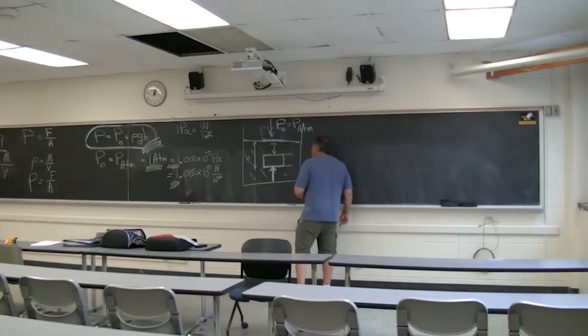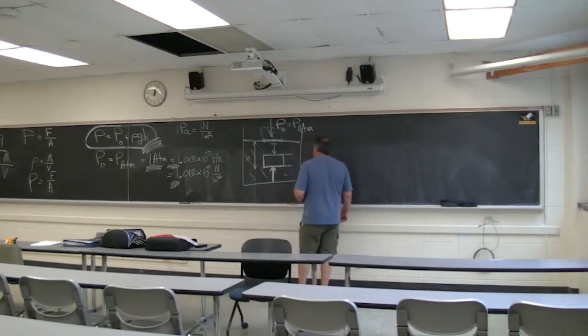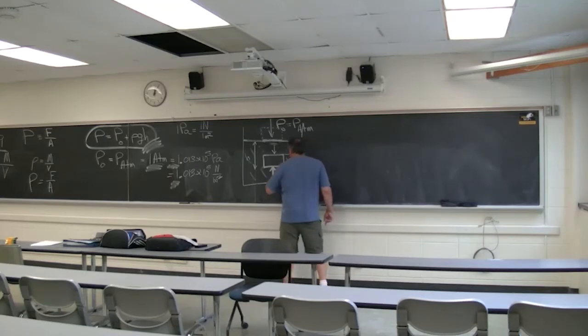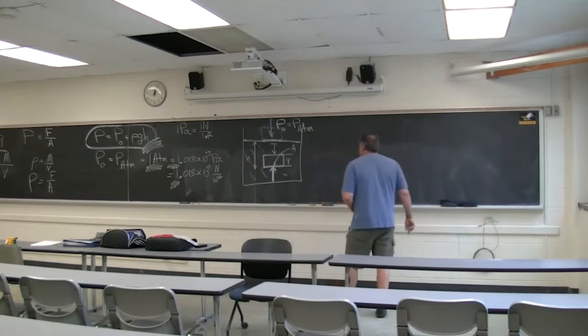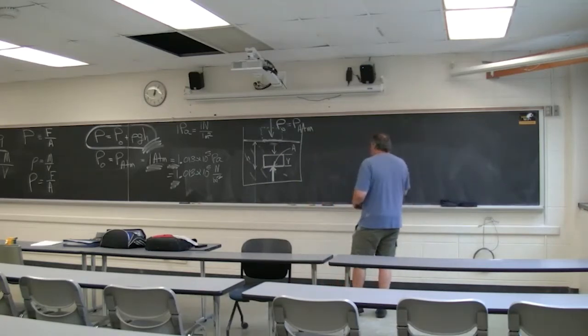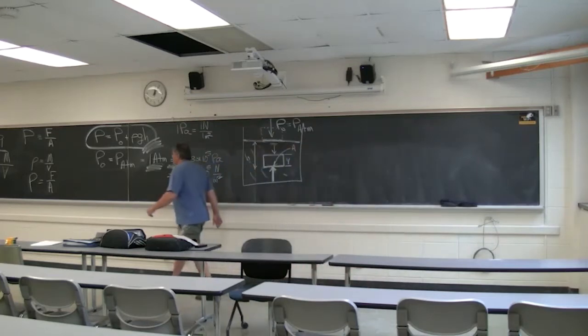This right here is a depth H. Let's call this Y. Let's call the area at the base area A, which is the same as the area of this one, area A2.